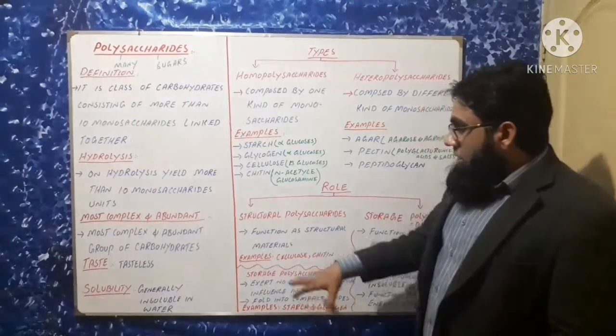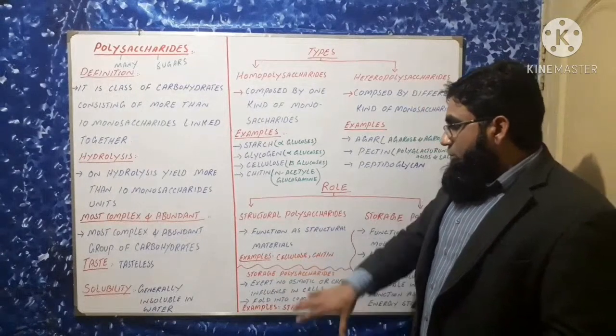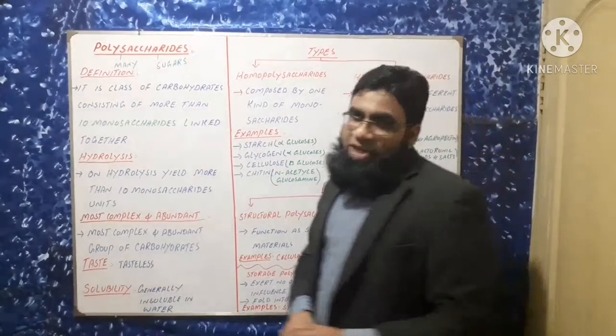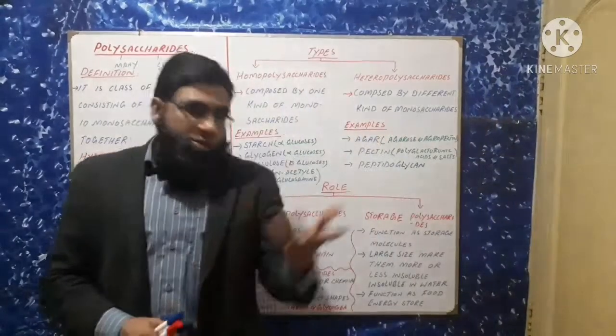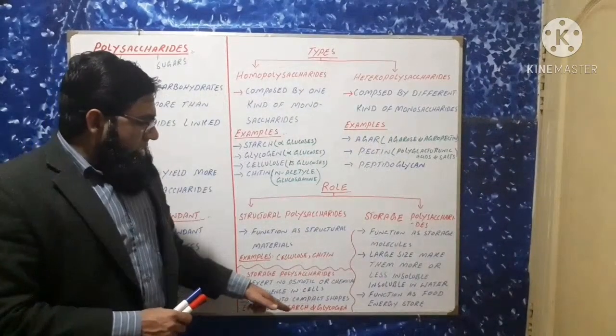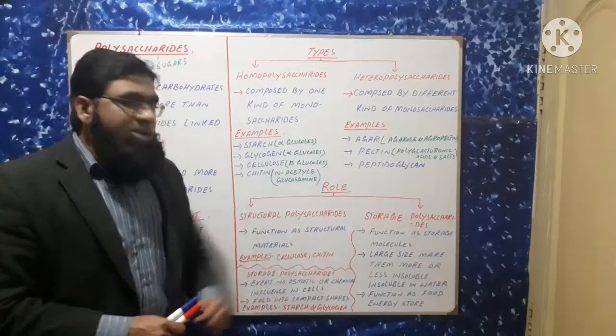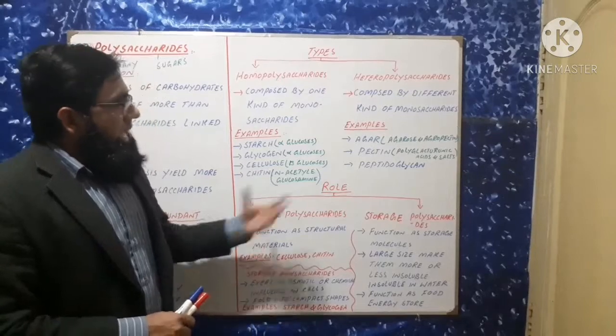Examples of storage polysaccharides are starch and glycogen. Starch is the reserve food material of plants, and glycogen is the reserve food material of animals.